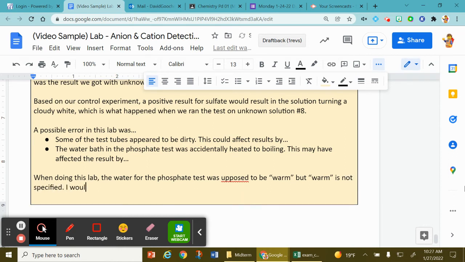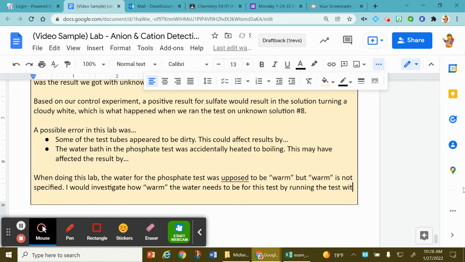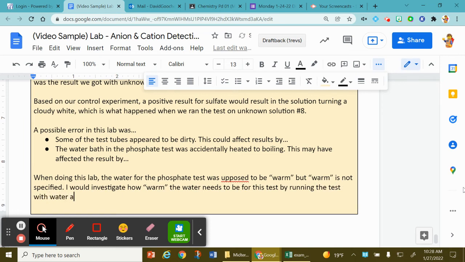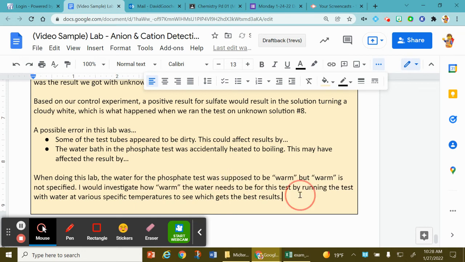I would investigate how warm the water needs to be for this test, by running the test with water at various specific temperatures to see which gets the best results. So there we go. Something interesting that you saw and a little idea about how to test it.